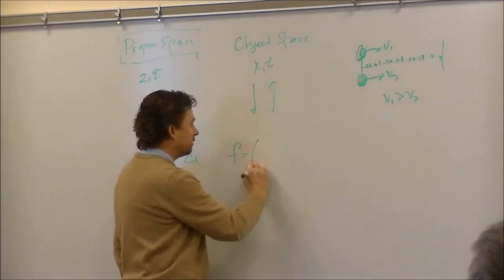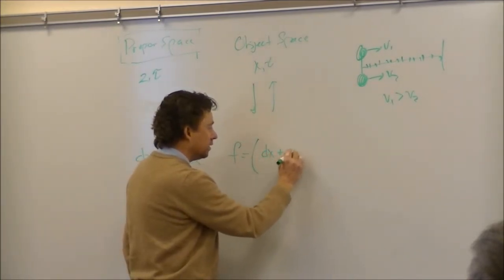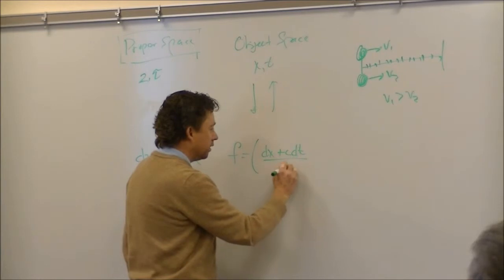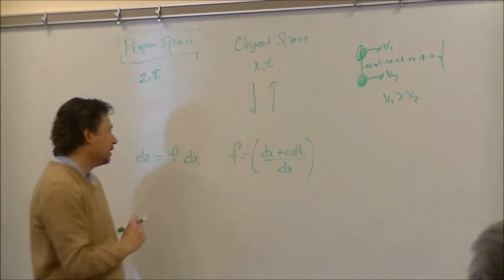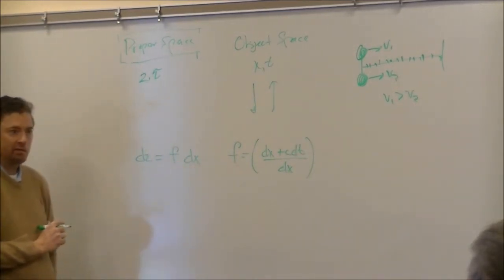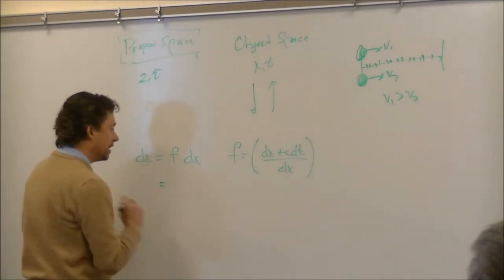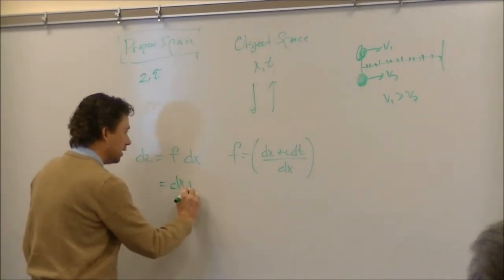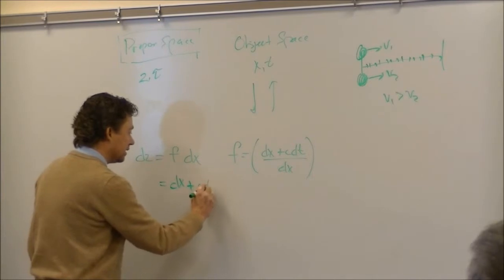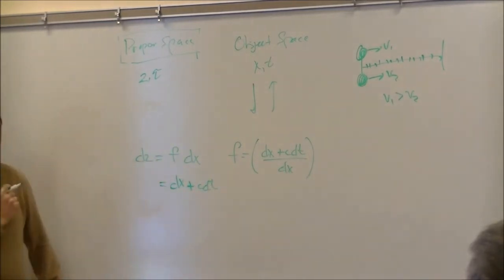So f is going to be given by dx plus c dt over dx. And you can see, it's a very simple substitution. You're going to wind up with dx plus c dt.